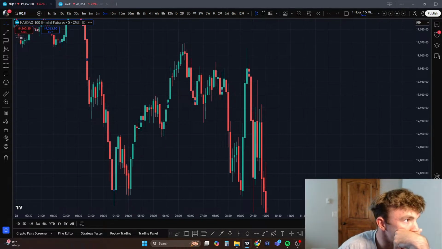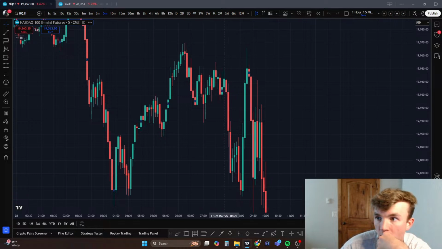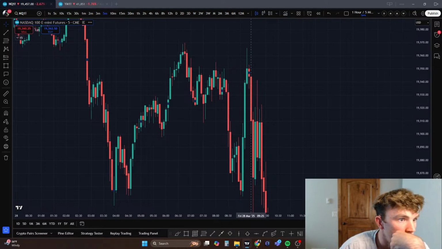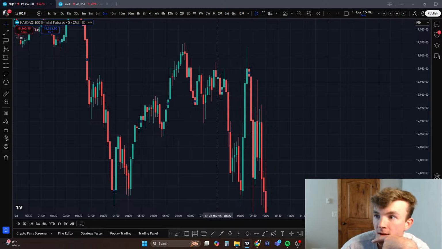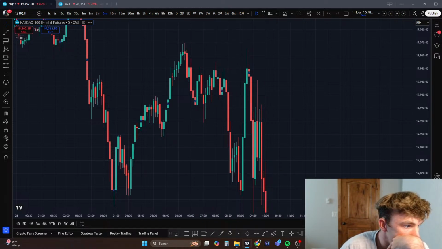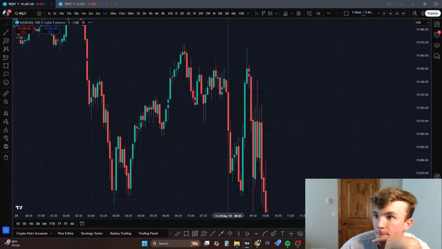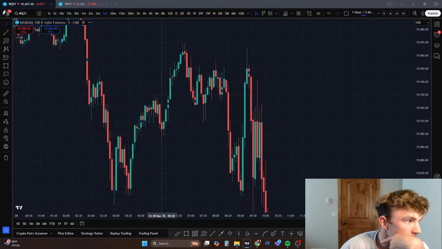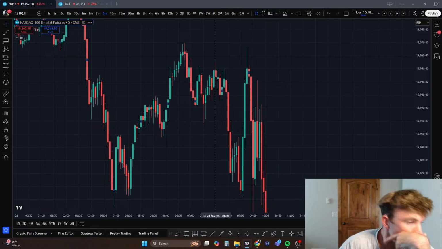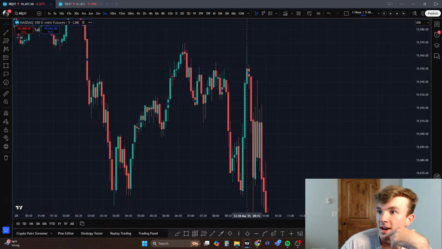Let's see if there was SMT. Lower high. Oh yeah, look at that. Here's a lower high on the S&P, higher high on NASDAQ.